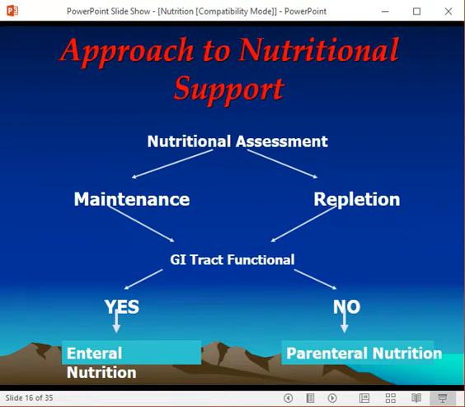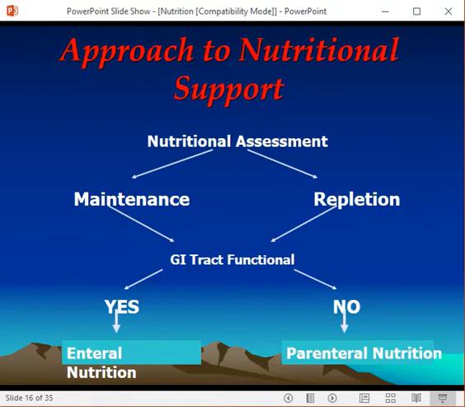Now, the approach to nutritional support. First, the patient is nutritionally assessed, and then supported nutritionally for maintenance or for repletion purposes.